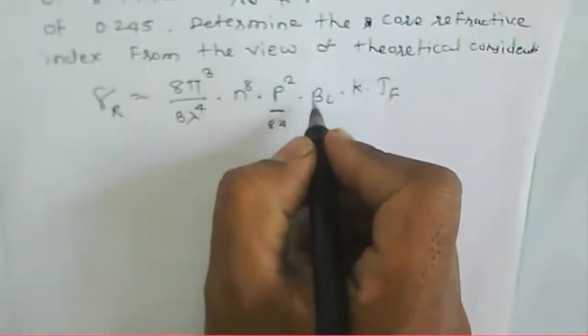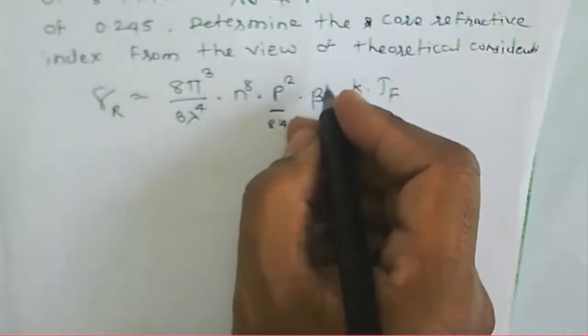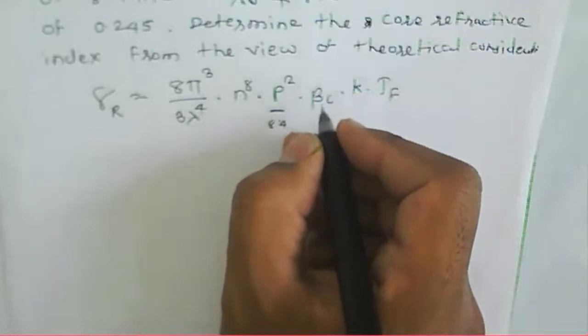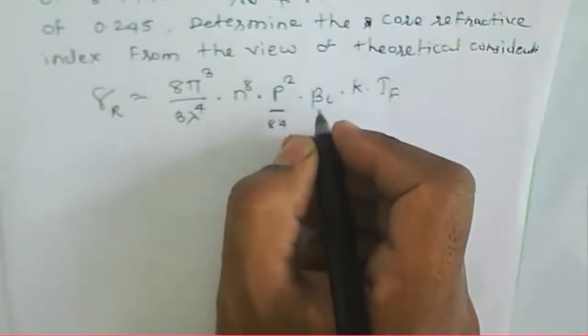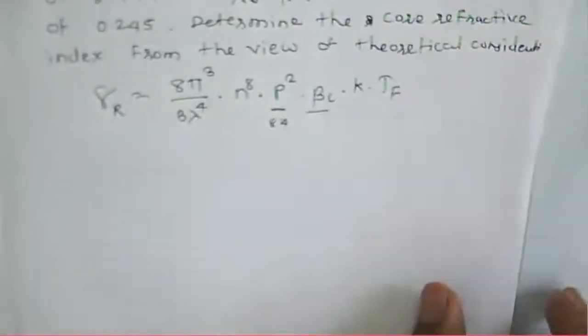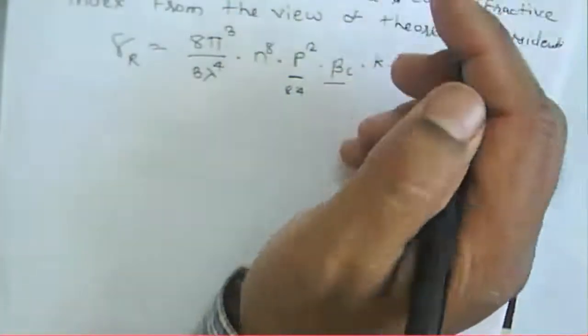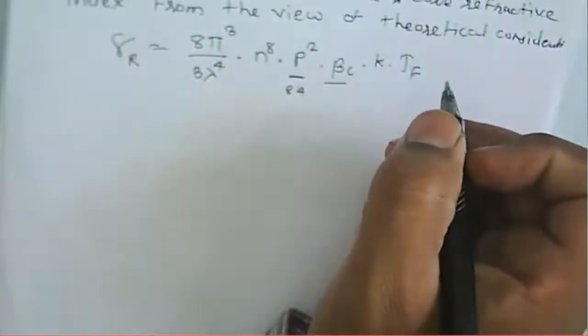Then we have the beta c, which we can consider from this compressibility parameter.